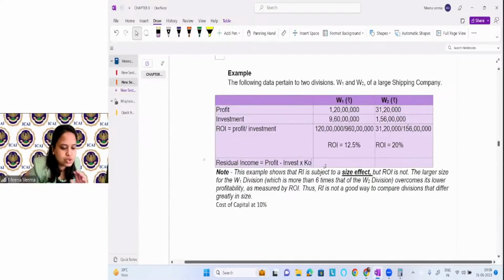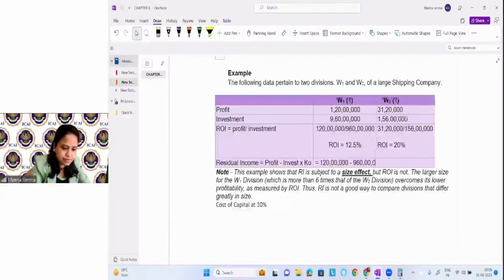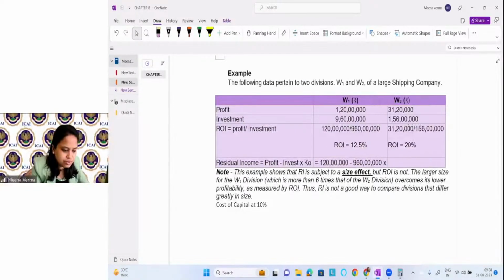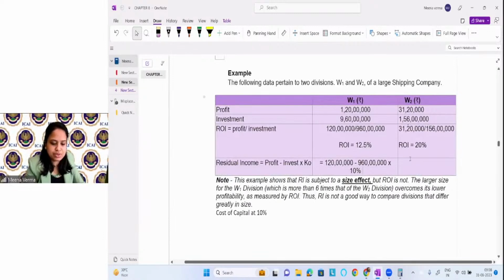So what is the profit here? Minus investment is your 960 into cost of capital is 10%. This is what you are expecting, at least a minimum 10% return on your investment.